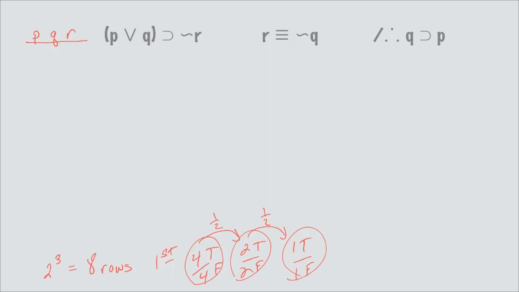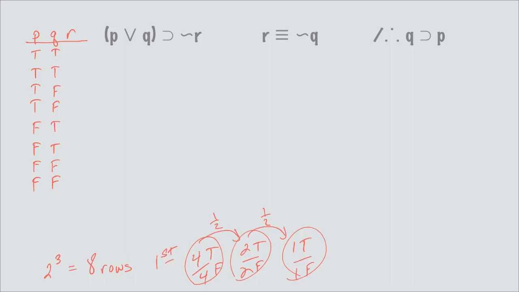So I go here, I've got true, true, true, true, false, false, false, false. So there's the first one, right? 4 trues, 4 falses, that's 8 rows. The next column is going to be 1/2 of that. True, true, false, false, true, true, false, false.